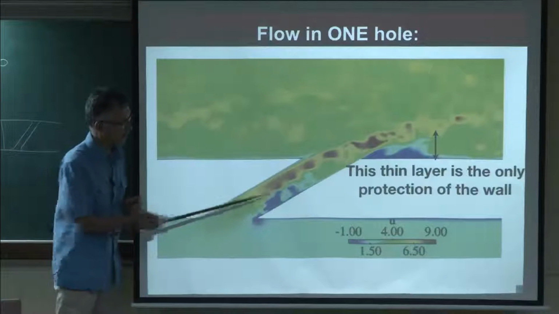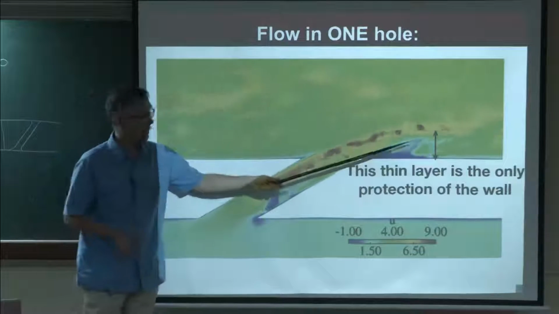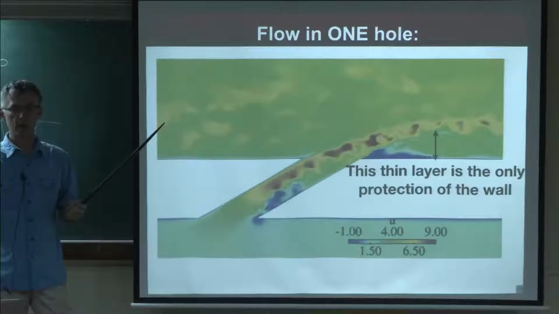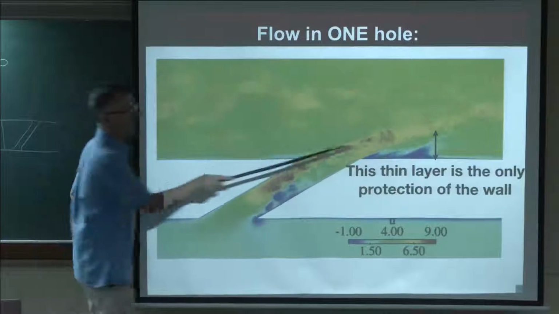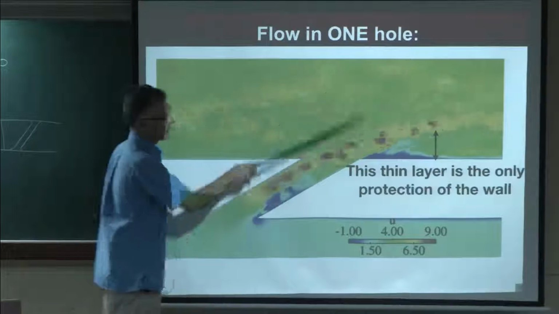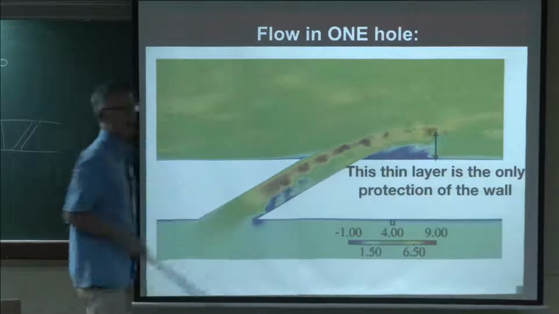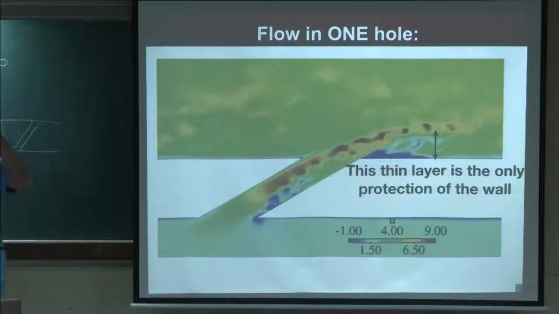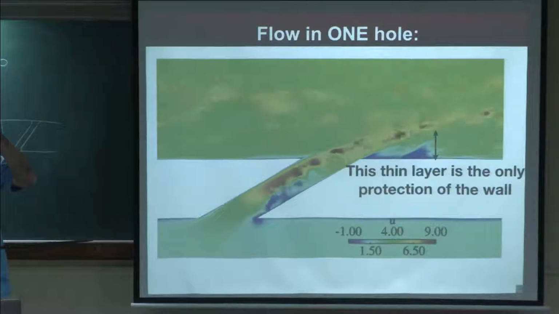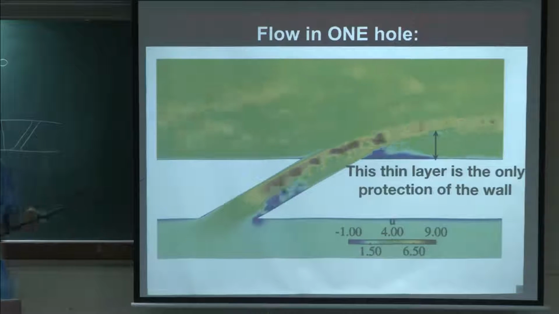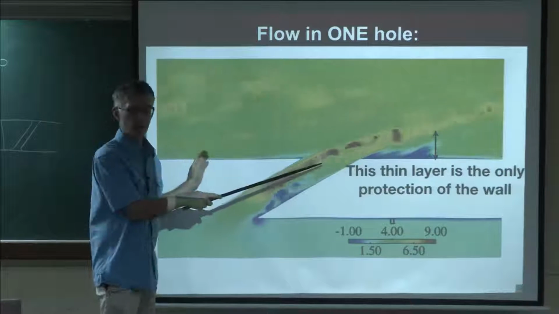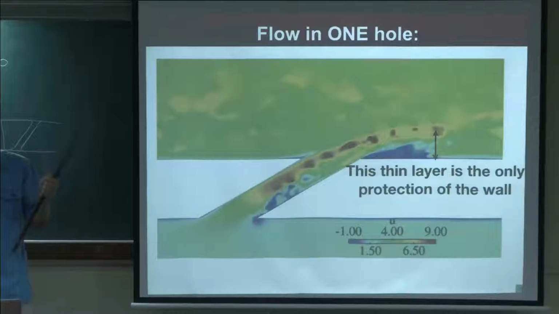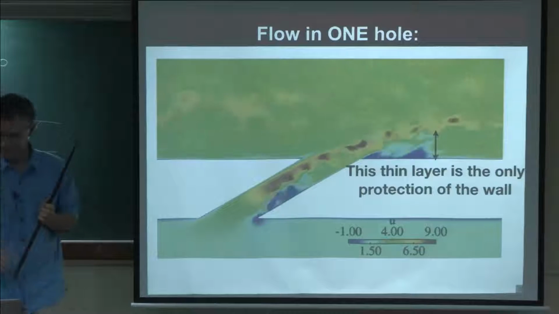If you start blocking enough holes, the film will be okay in most places, but there will be a few places where the film will actually disappear. If the cool film disappears, then the hot gases will touch the wall, and that's the end of the chamber. There are quite a few chambers in industry which, when you open them, you see that you have big holes here, and they still work. They can probably survive, but of course it's not the design point you want to have.